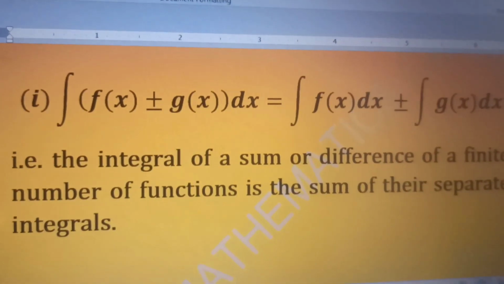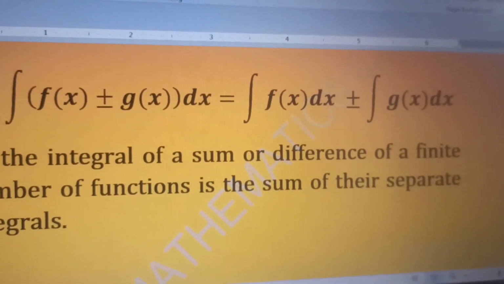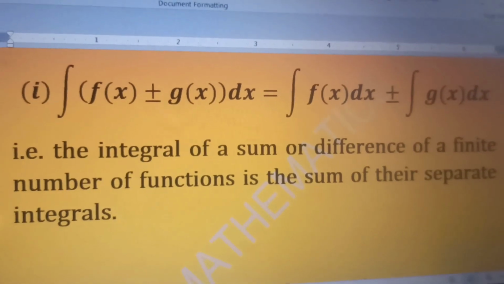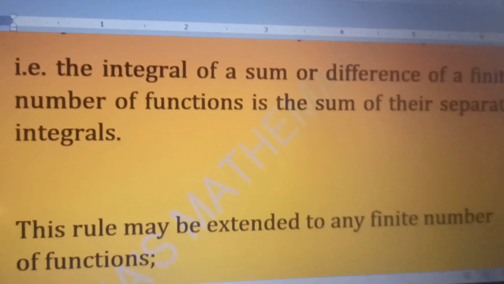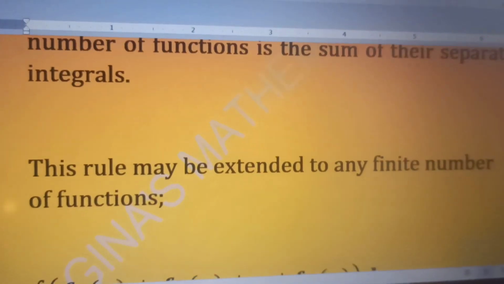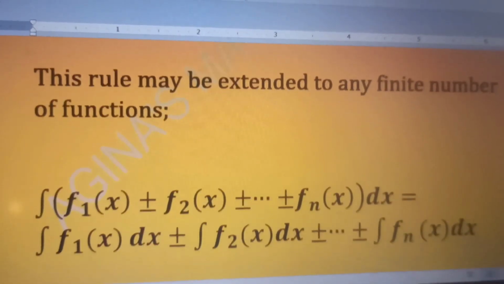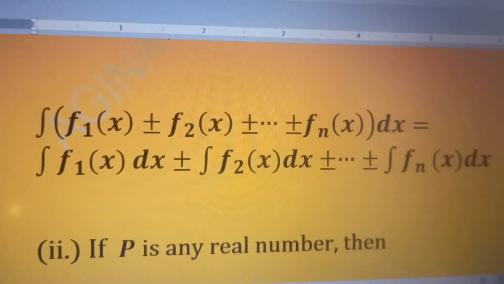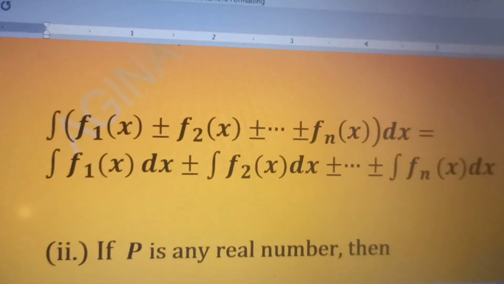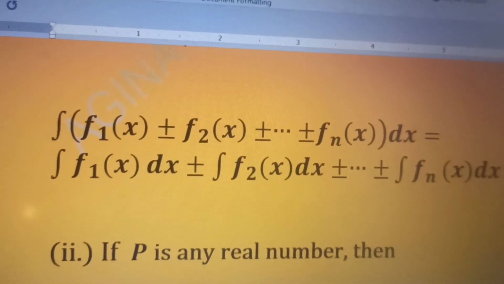This means that the integral of a sum or difference of a finite number of functions is the sum of their separate integrals. This rule may be extended to any finite number of functions. We can have f1, f2, f3 and so on.